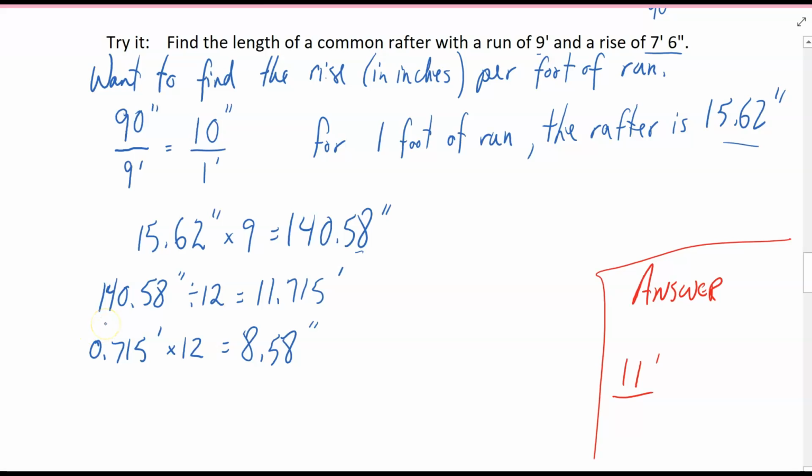Well, so that means it's 8 inches and 58 hundredths of an inch, right? So we want to take our 8 inches, and then we have this partial 0.58. We were going to do it to 16ths, so 0.58 times 16 will tell us which 16th it is closest to.